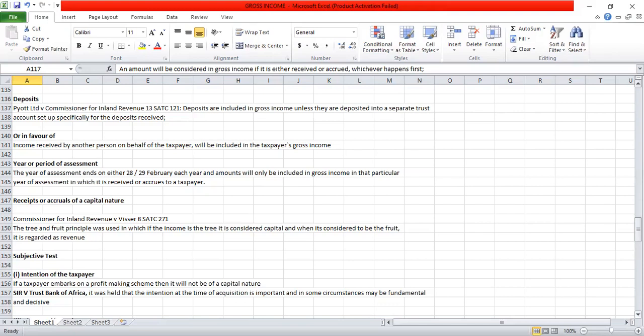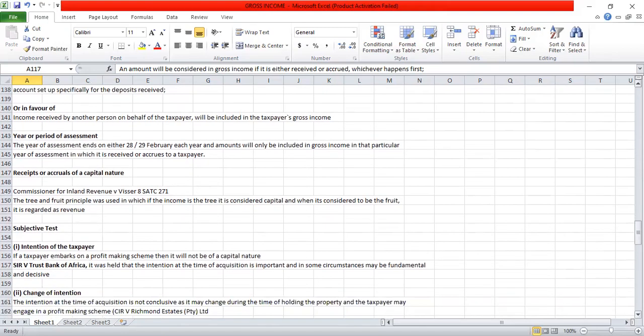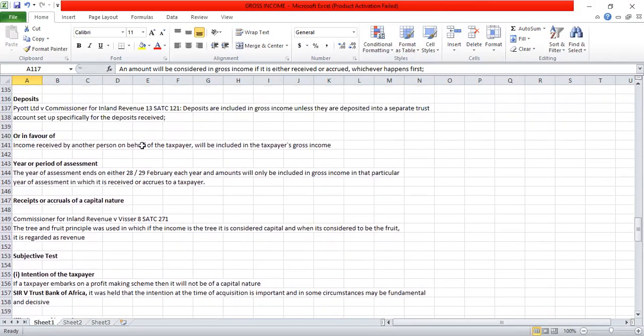But as long as it's just in your account that you normally receive money which you are using for your business, then that money has to be included, because it's like you are using it for your benefit. Then when you now pay back, that's when you will have to deduct it again. Right. So that's the issue about deposit.